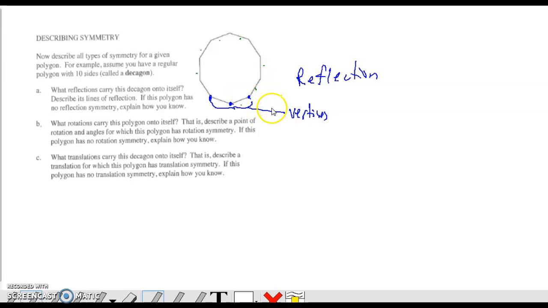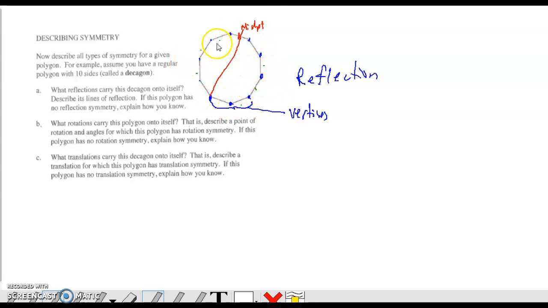It's where two lines kind of meet. If you draw a line through your vertices to the midpoint, so let's pretend that this is the midpoint, from the opposite side of the polygon, you will then have reflection symmetry.